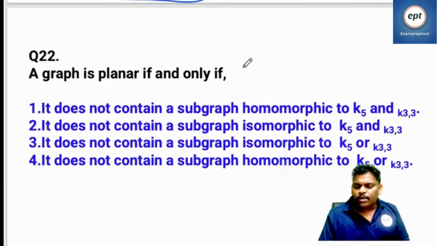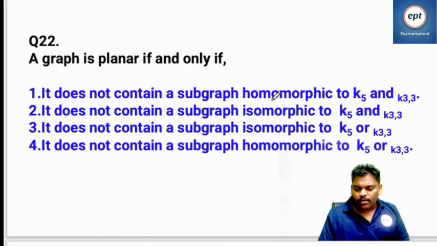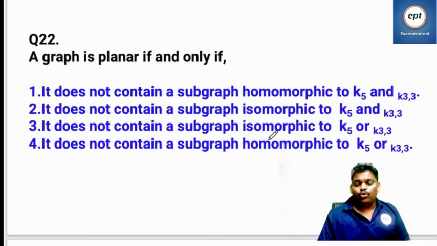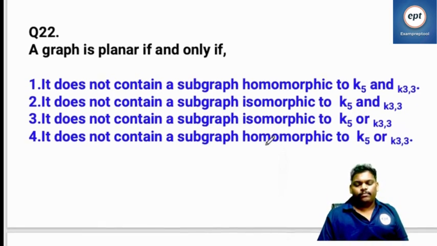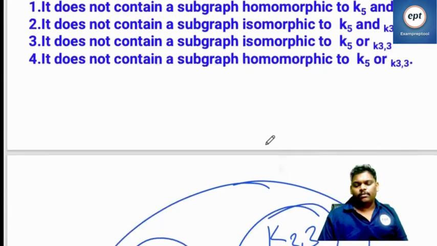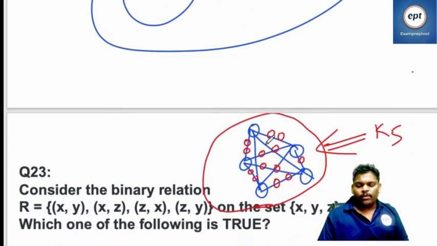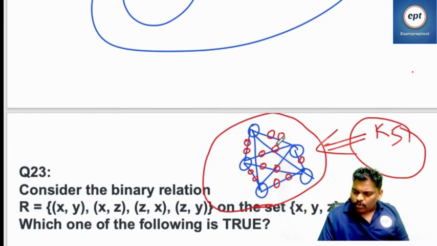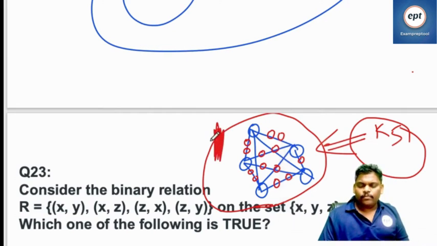If you want to say some graph is a planar graph, homomorphic to K5, K33, isomorphic to K5, K33, both are similar. Please be careful, it is a different way of saying it. Everyone knows K5.